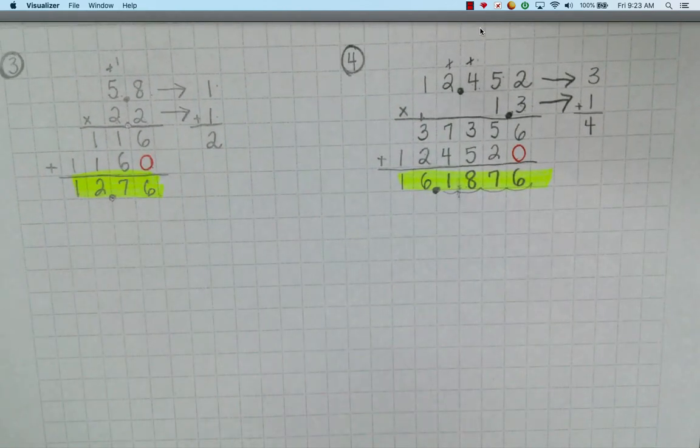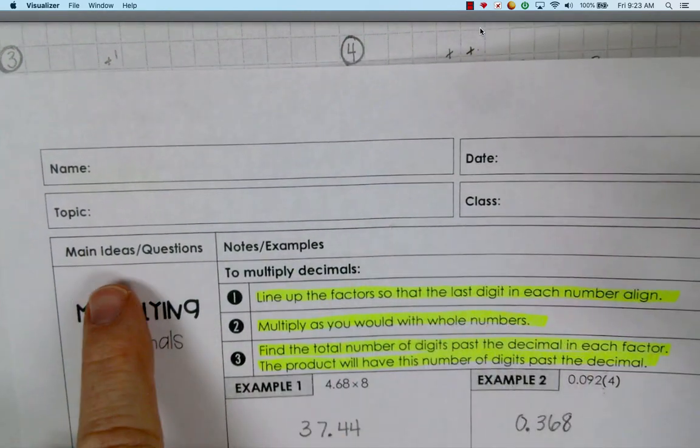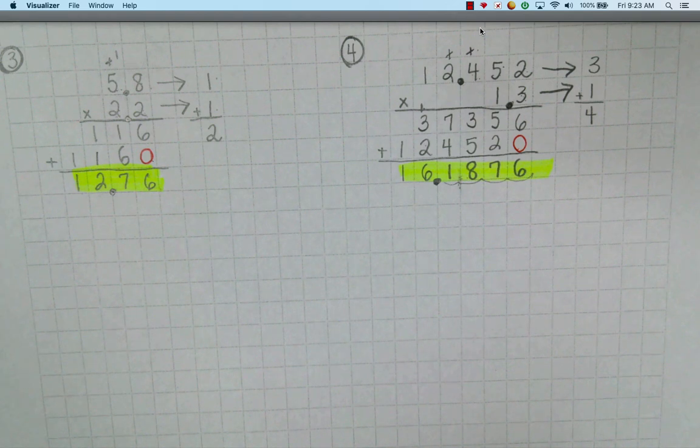And remember, I promised you I was going to tell you how to cut these little sweet things out. So when you are cutting out paper, okay, you are going to cut across where it says main ideas, questions, because we don't need to put the other stuff on there. So I'm just going to cut the top off to show you what that's going to look like, okay?